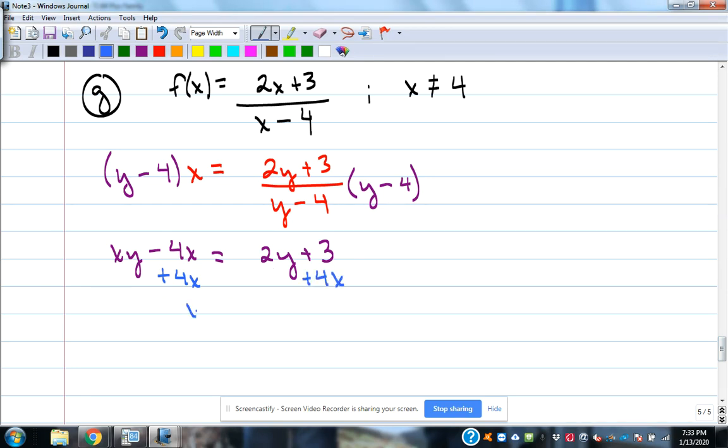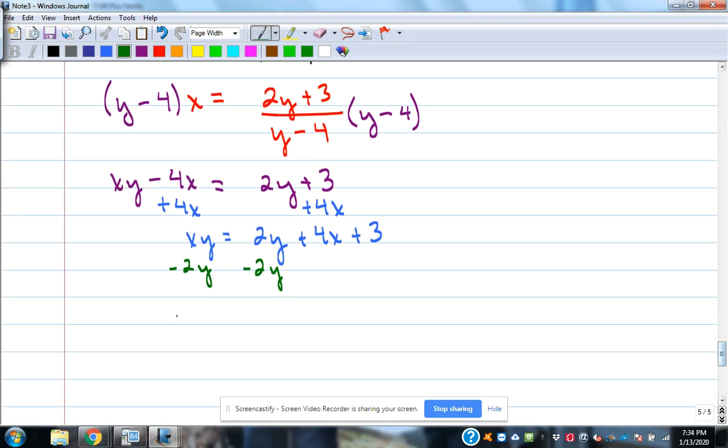That gets me xy is equal to 2y plus 4x plus 3. And then I'm going to move the 2y by subtraction. If you want to do that in one step, that's absolutely fine with me. I just want to show it one piece at a time. So xy minus 2y is equal to 4x plus 3.